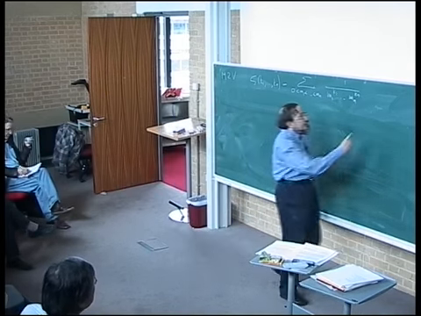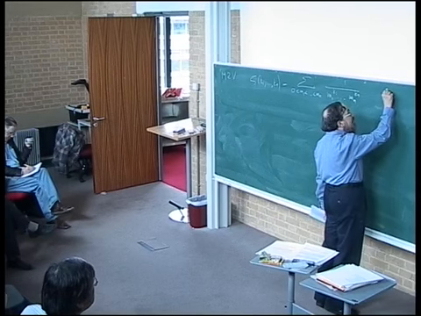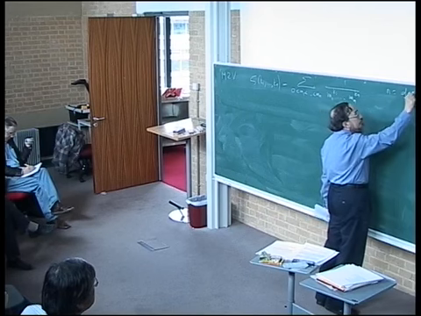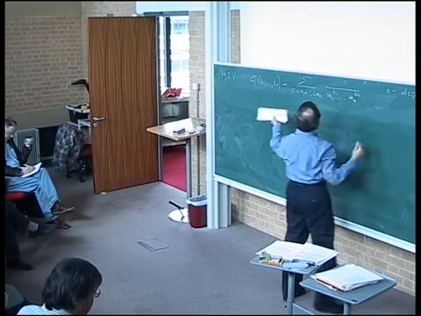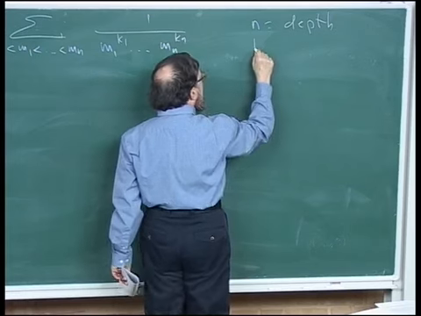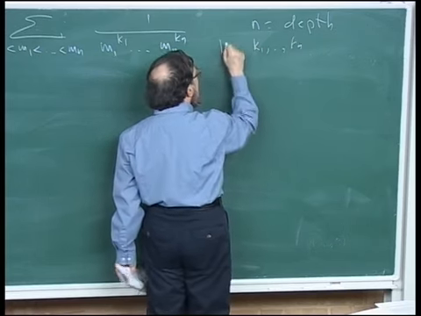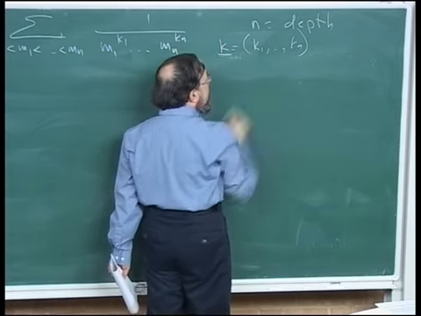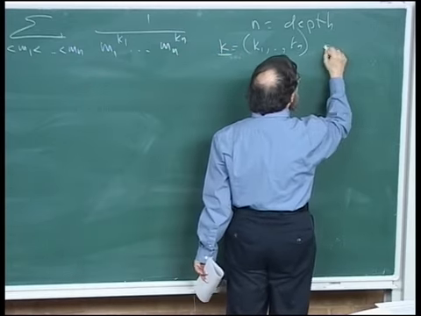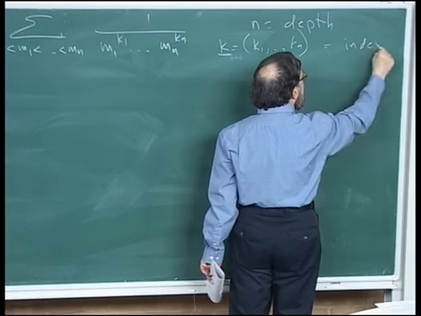So this thing was originally invented, so n I'll call the depth, although it should really just be called the length of the argument, and k_1 up to k_n, I'll sometimes just use an underlined k, you should imagine boldface if I had that font, which is the index.